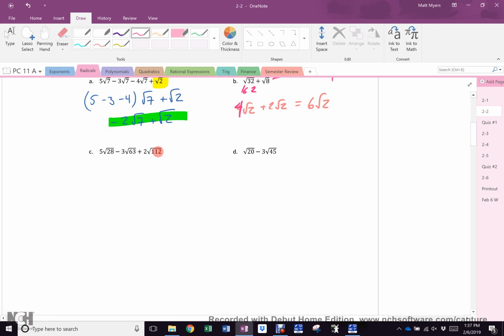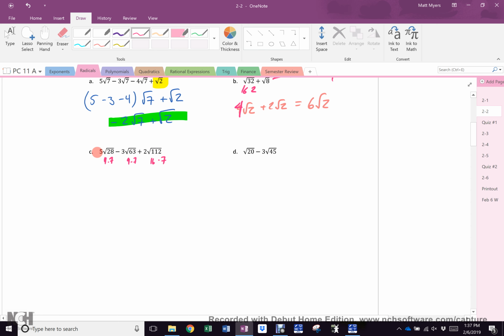So what am I going to do here? Can I do anything right now? So what must I do? Simplify, simplify, simplify. That's 4 times 7, right? That's 9 times 7, right? And what's that? That is 16 times 7. What's coming out here?